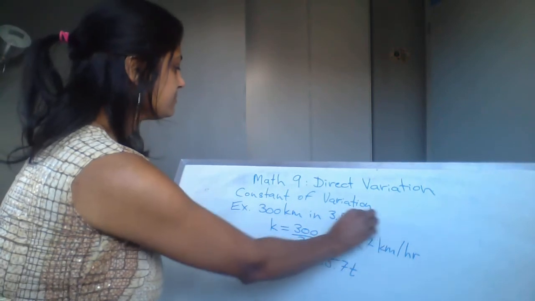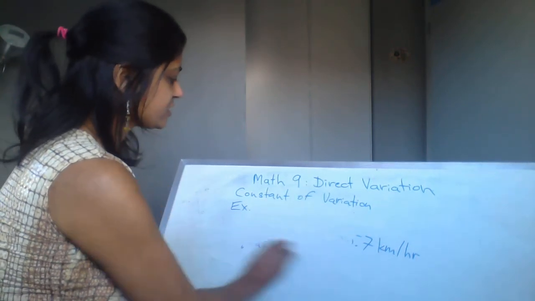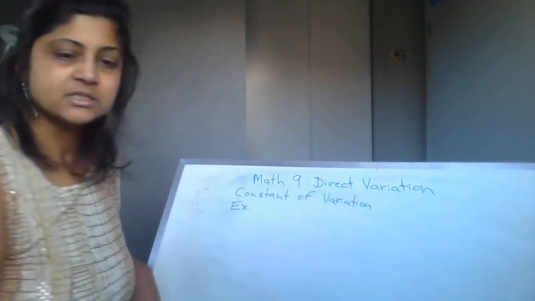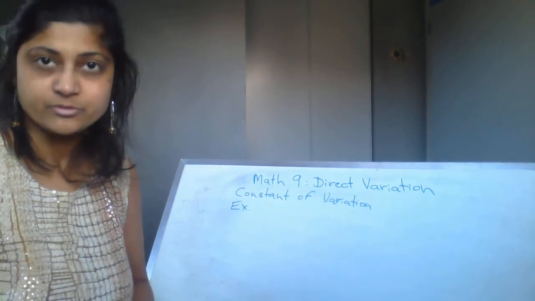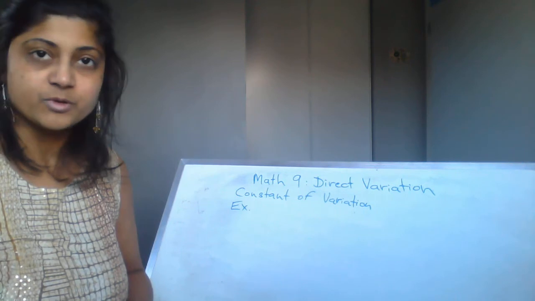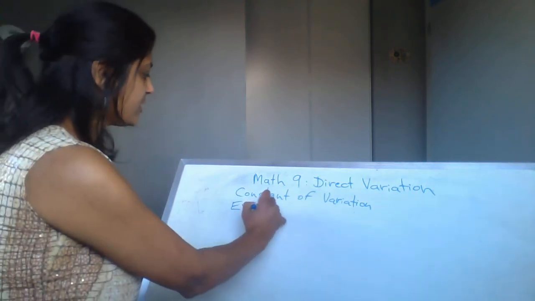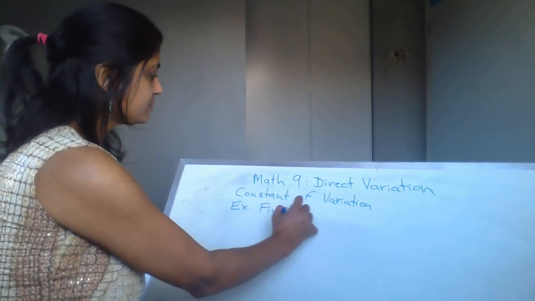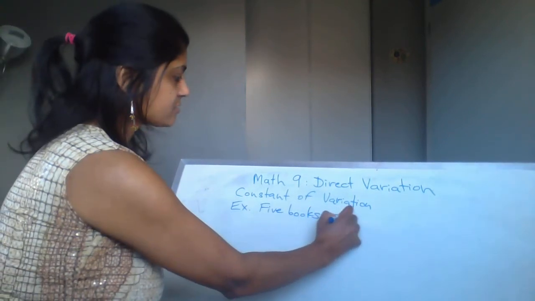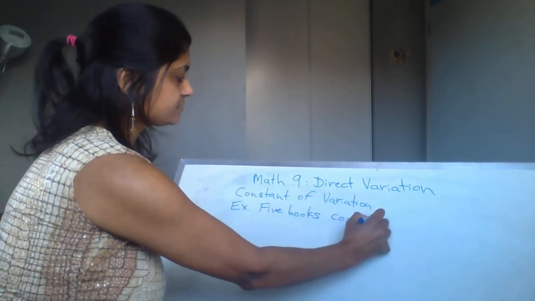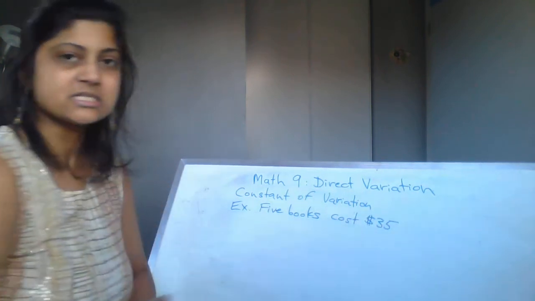For the constant of variation, I'm going to just take this off. So I'm going to read it out loud. The total cost varies directly with the number of books bought. So I'm buying 5 books, and that costs $35. This is something just really simple here.